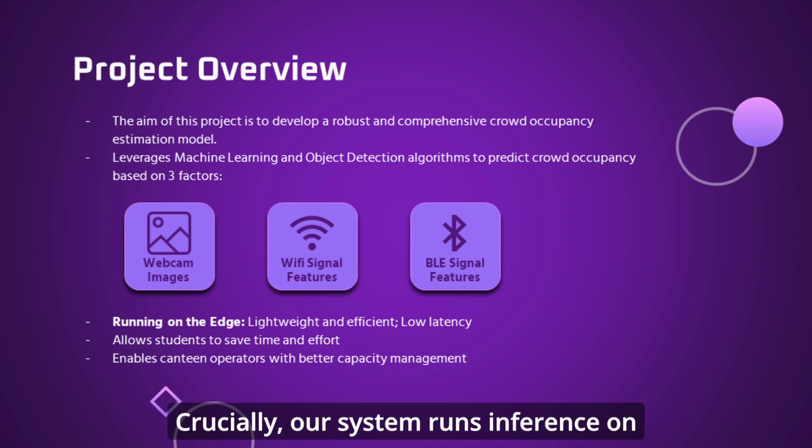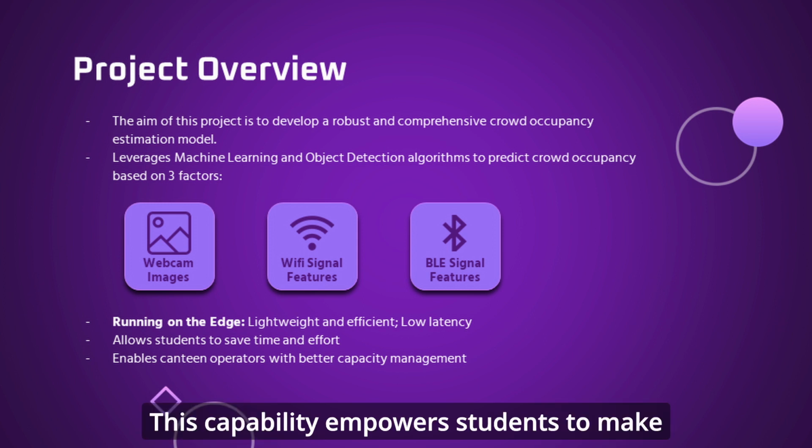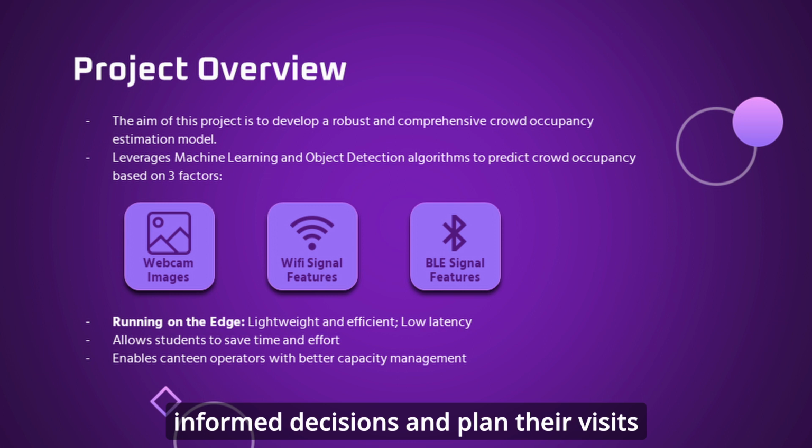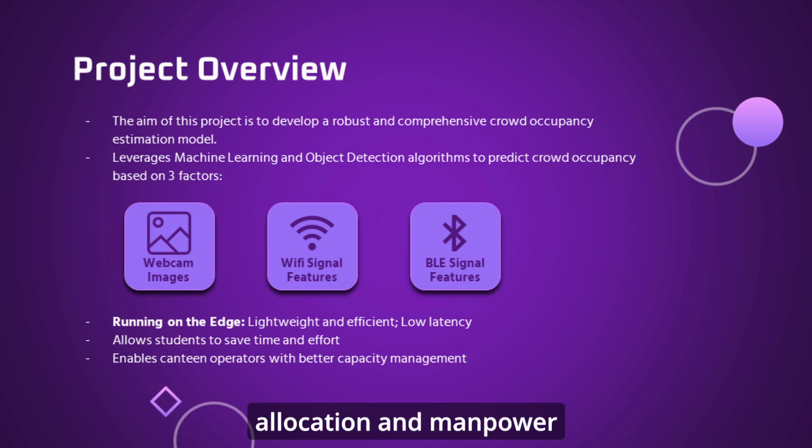Crucially, our system runs inference on the edge, ensuring lightweight and efficient processing with minimal latency. This capability empowers students to make informed decisions and plan their visits accordingly, while also enabling canteen and store operators to optimize resource allocation and manpower usage more effectively.